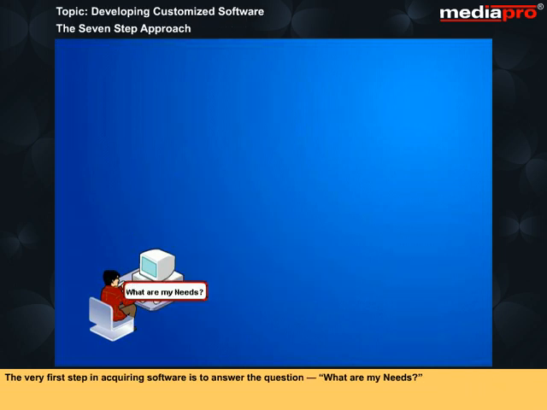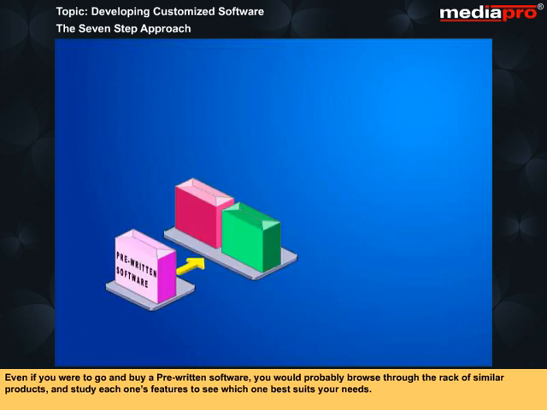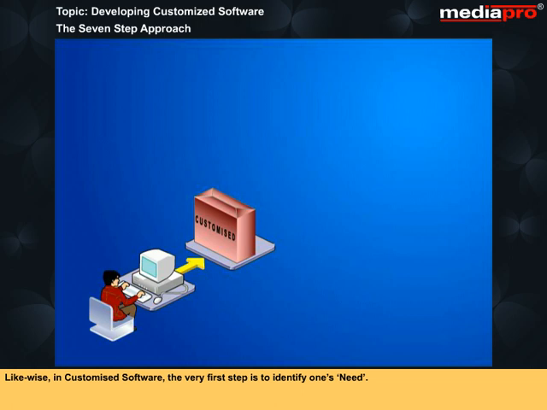The very first step in acquiring software is to answer the question, what are my needs? Even if you were to go and buy a pre-written software, you would probably browse through the rack of similar products and study each one's features to see which one best suits your needs. Likewise, in customized software, the very first step is to identify one's needs.